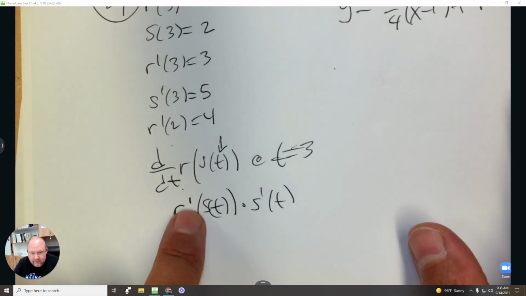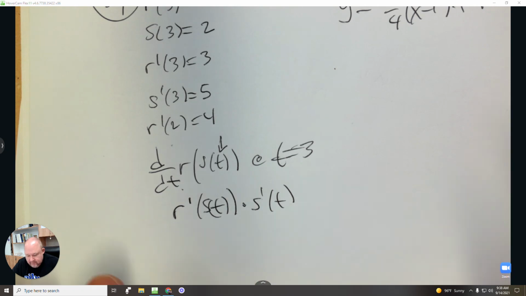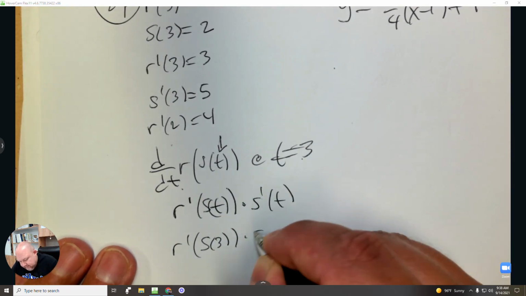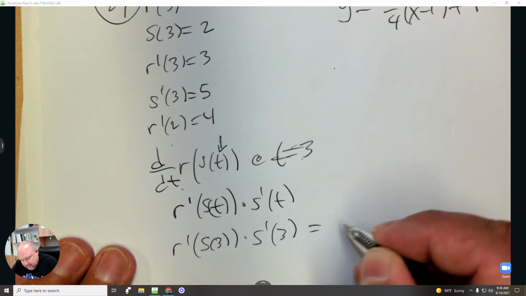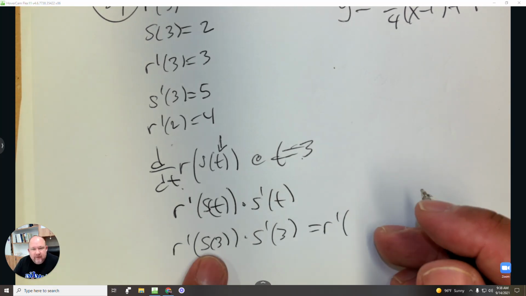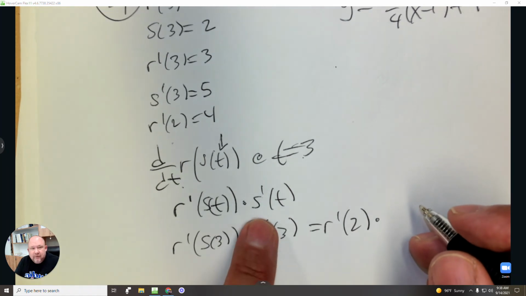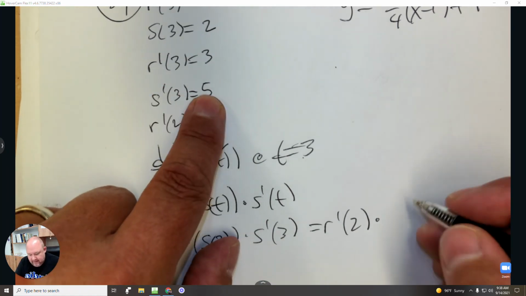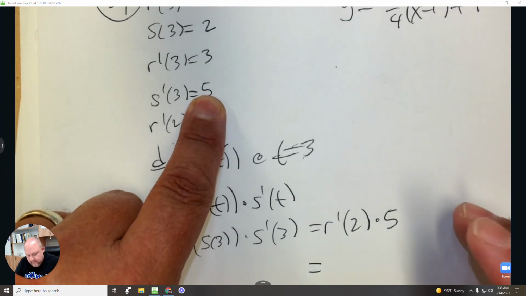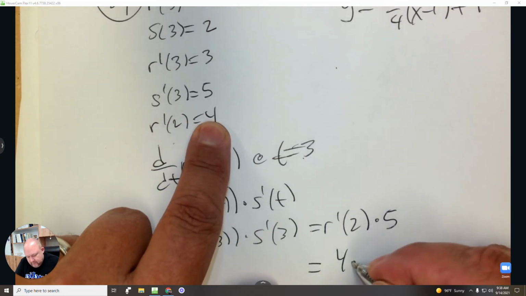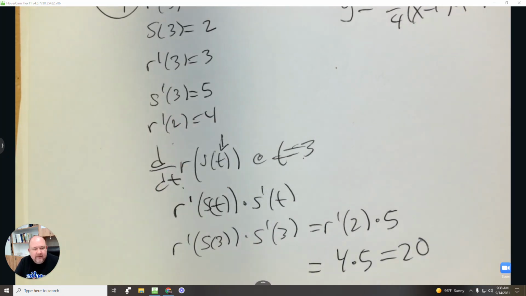Plug in 3 for t, and then let's plug in values. So s at 3 is 2. S prime at 3 is 5. R prime at 2 is 4. And then 4 times 5 is 20.